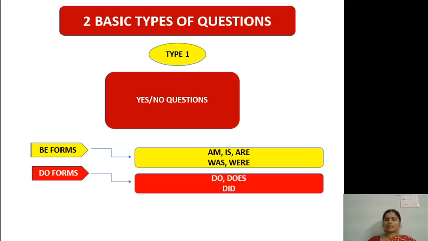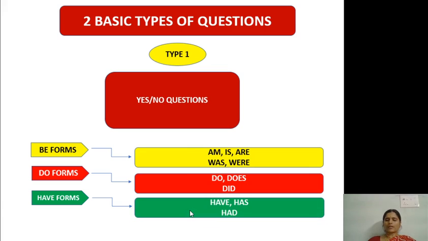Let us take the second form, that is do forms. Do, does, did are the words which come under do forms. Do, does we use in present tense, and did we use in past tense. The third form is have forms: has, have, had. These three words come under have forms.